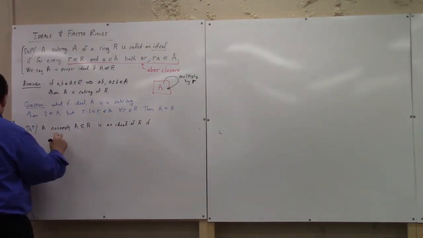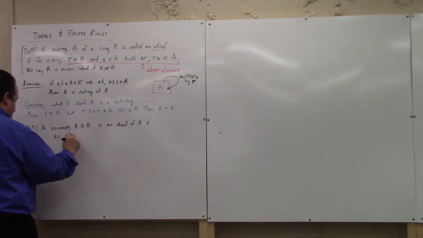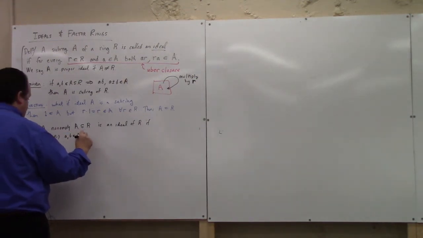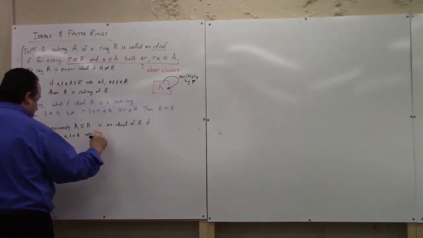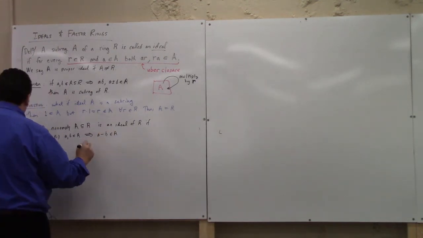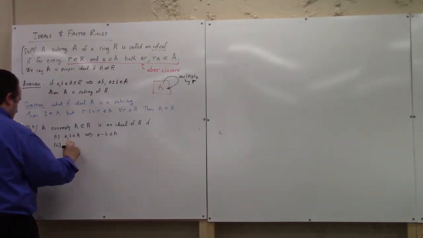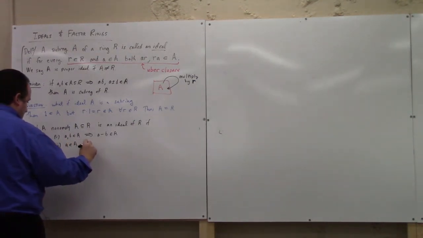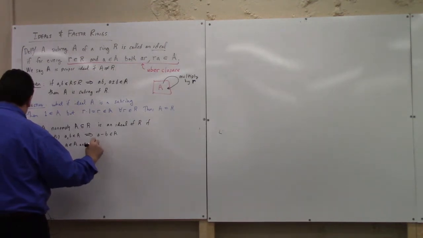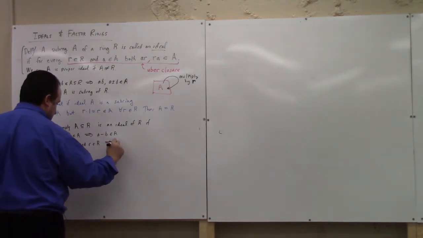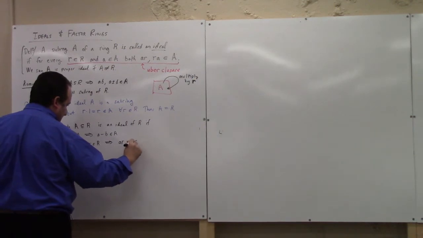Number one, a, b in A implies that a minus b is an element of A. And number two, Uber closure: a in A and r in R implies ar and ra are elements of A.